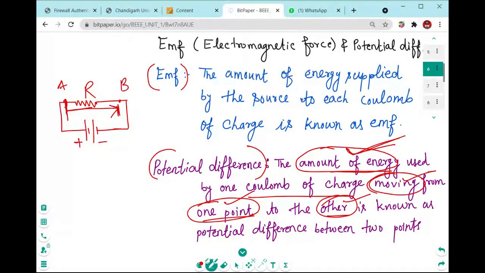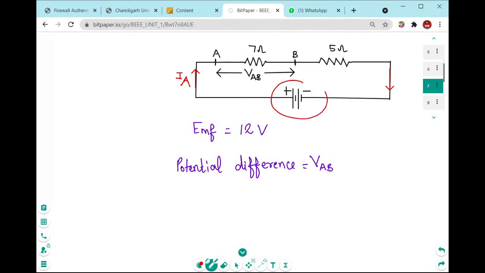So this charge, or we can say a coulomb of charge moving from one point to another, is known as potential difference. When you want to measure the potential difference, you have to consider 2 points. This particular voltage source will generate the EMF.